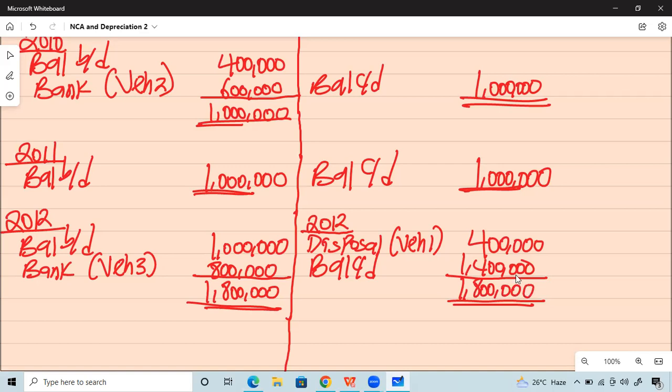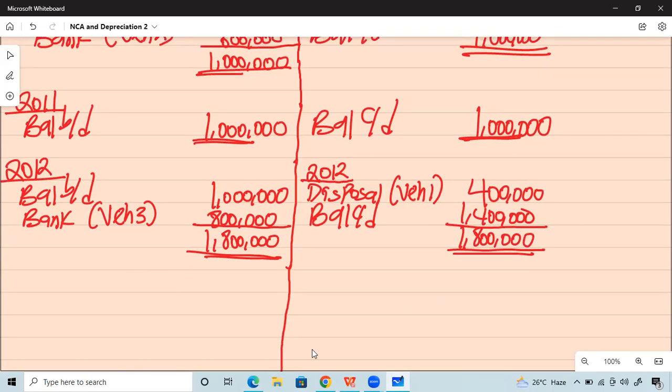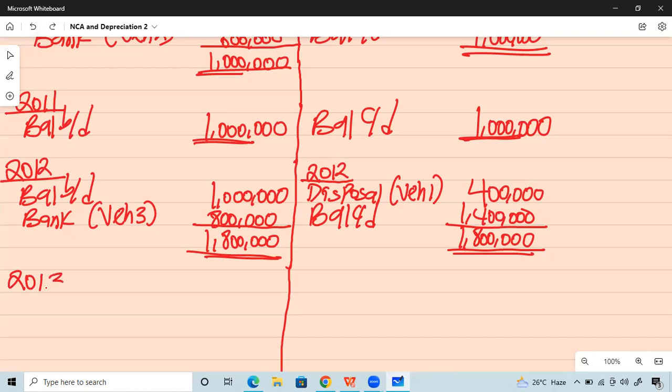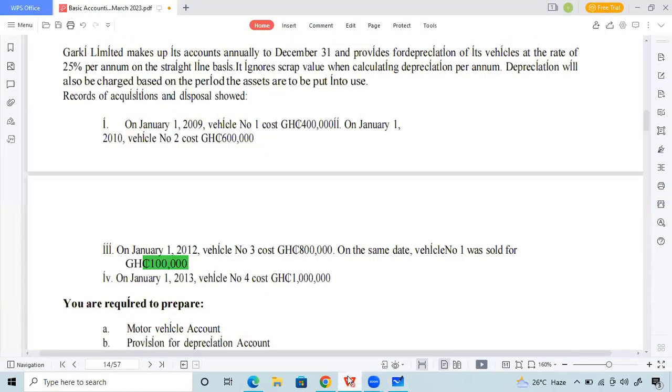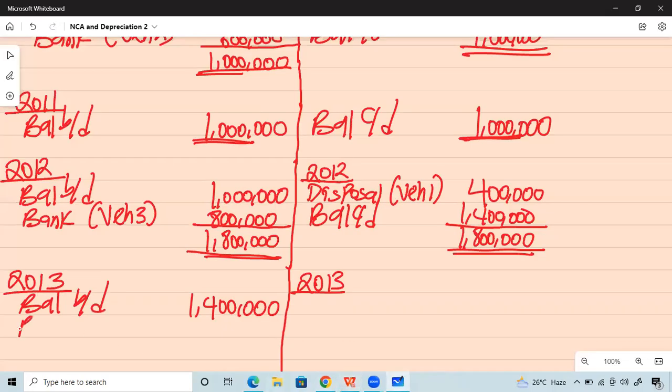That's it. Then do we have 2013? Okay, that's 2013. We'll go to 2013 too. Balance brought down is 1.4. And what happened in 2013? On January 1, 2013, you purchased vehicle 4.